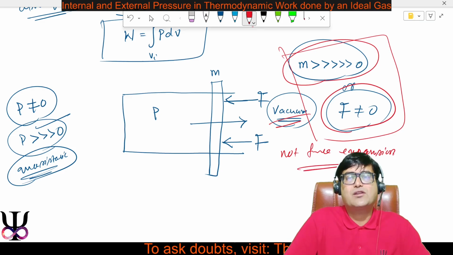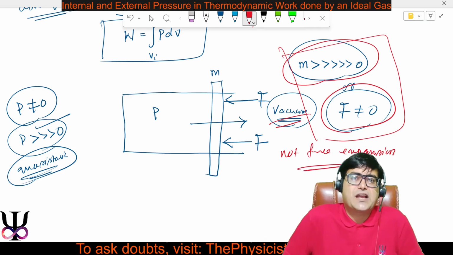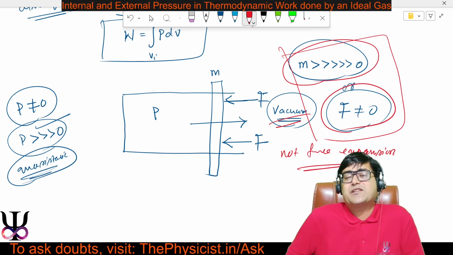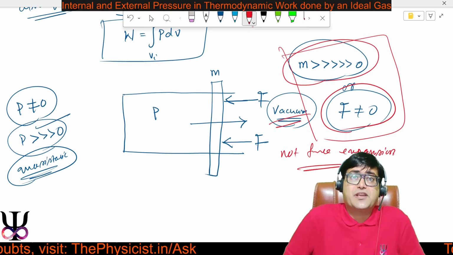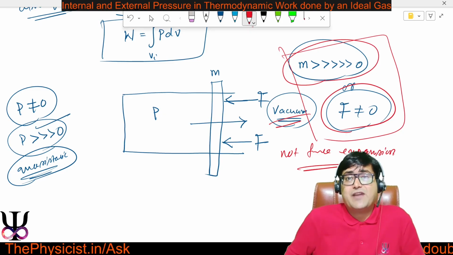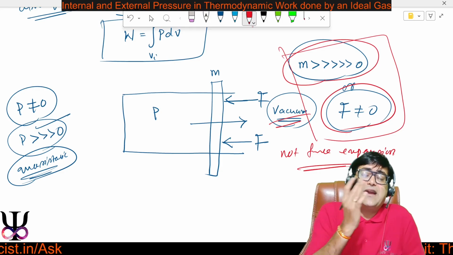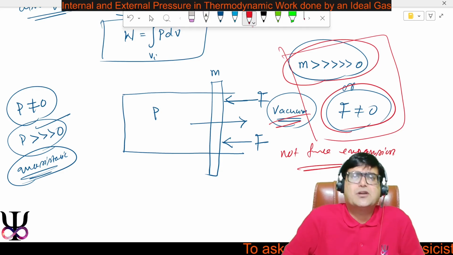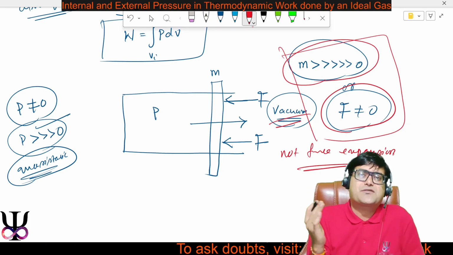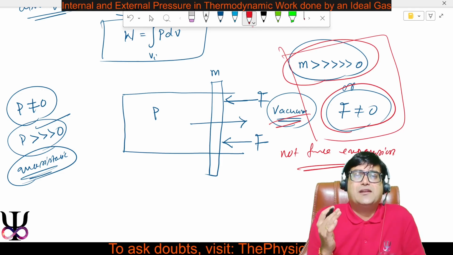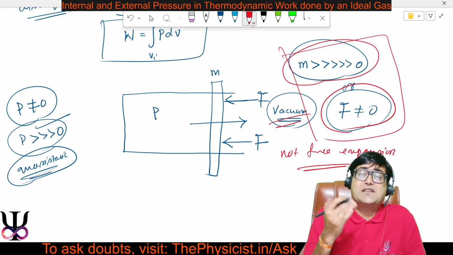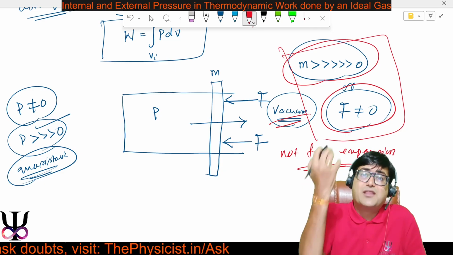It is not free expansion. Understand that. Just because there is vacuum, don't consider that it's free expansion. If there is vacuum and the piston is moving slowly despite having a high internal pressure, that means there is some restriction on the piston, right? Whether it has immensely large mass, or there is some external force.